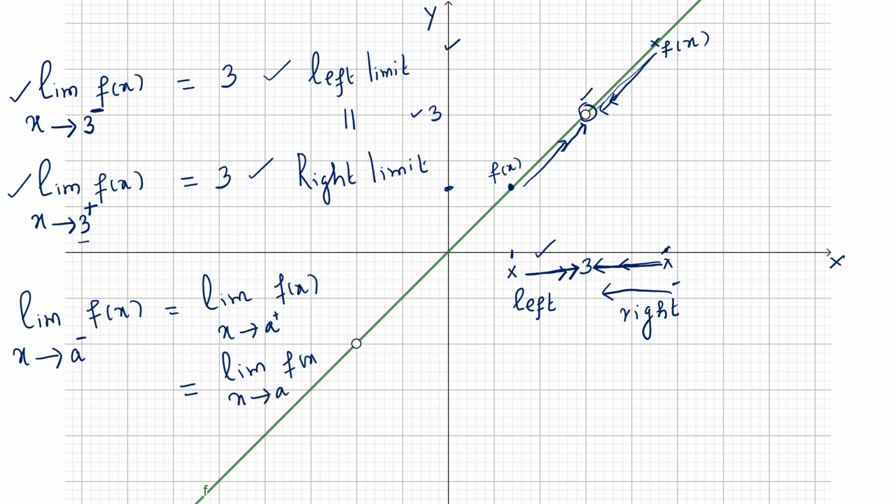So we have to find the left limit, meaning x approaches a from the left side. a plus means x approaches a from the right side. If these two are equal, then the limit is available. Understand this?